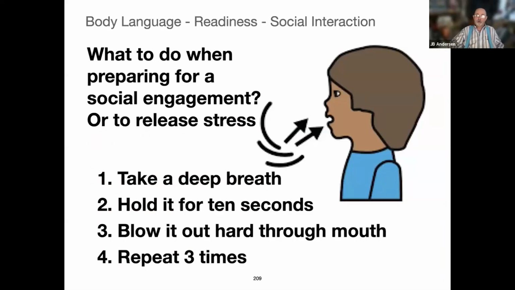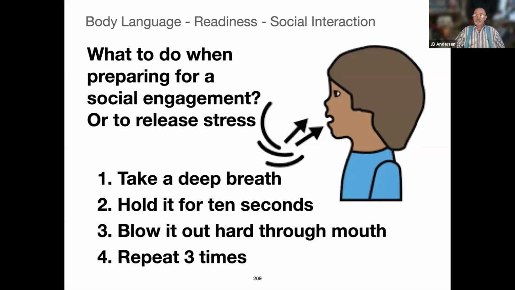What do you do when you're preparing for a social engagement? We just saw a woman that was already all prepared for a social engagement, standing tall, hand on hip. Or what do you do to release stress? Because a lot of times getting ready for these social engagements can be stressful, even though it's a positive thing.